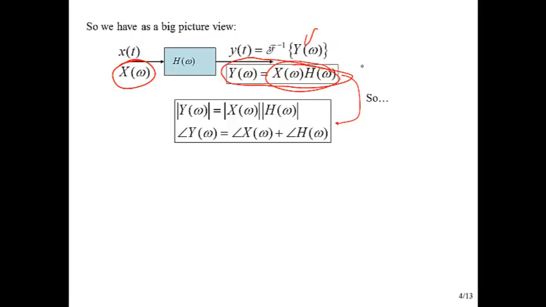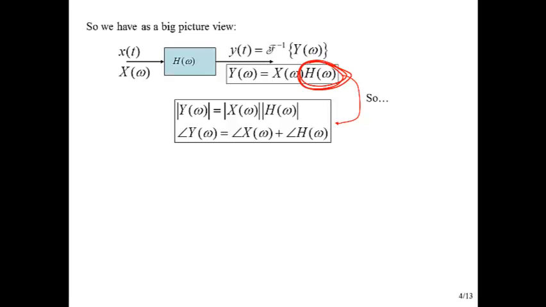So that's the theory behind all this and the concept, but we rarely actually do all of that. What we mostly do, and we'll be illustrating this a lot as we go through the course, is we just simply look at, for the system, what does H of omega look like without even knowing for sure precisely what input we're going to have into our system.